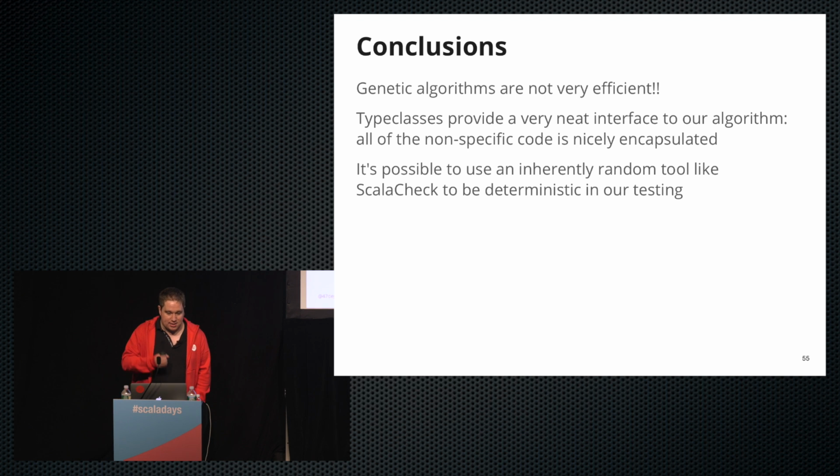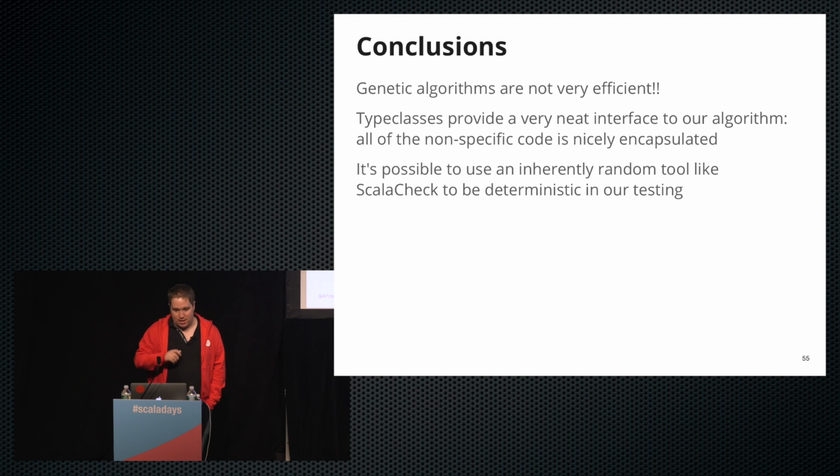What I do like is that typeclasses provided a really neat interface to our algorithm. The algorithm for the two examples I showed was exactly the same. The code did not change between them, and all I had to do was provide the fitness function and a way to show what the encoding of the binary string meant, and that was it.